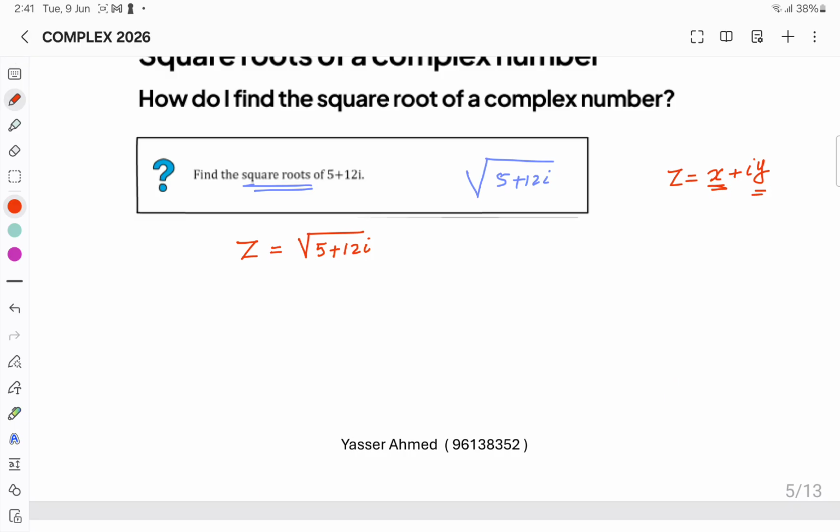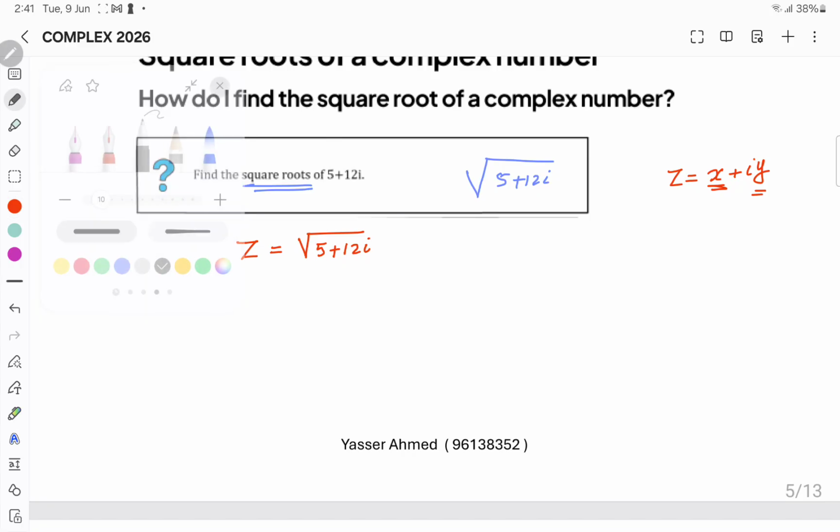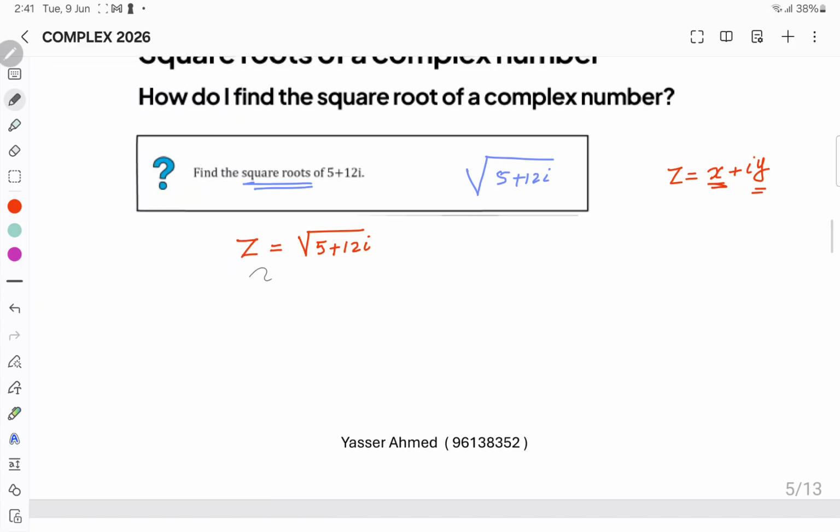To remove the square root, we square both sides. z squared is (x plus iy) all squared, and the square cancels the square root, so the answer is 5 plus 12i.